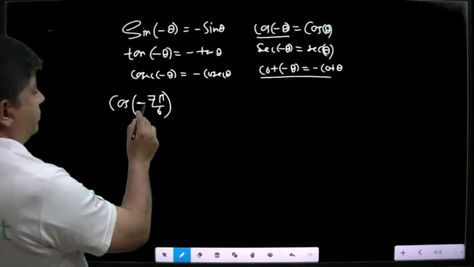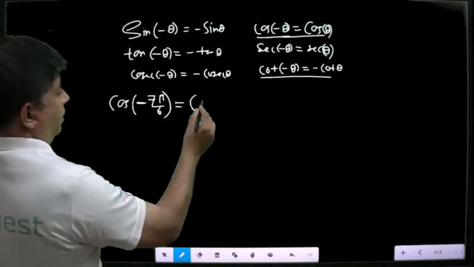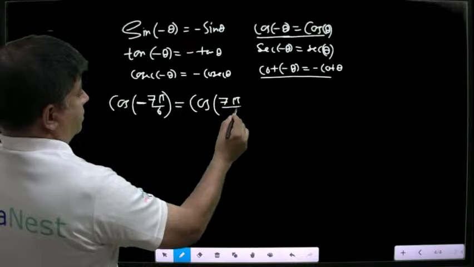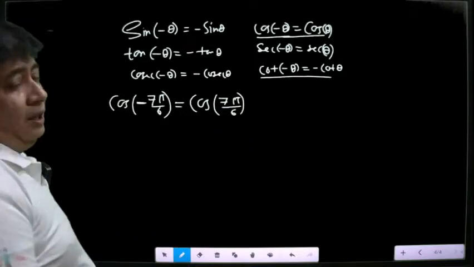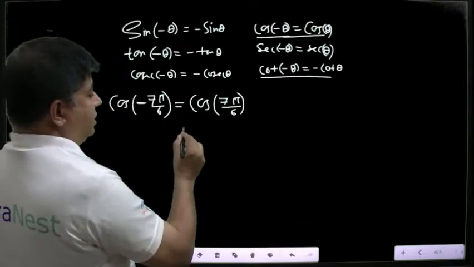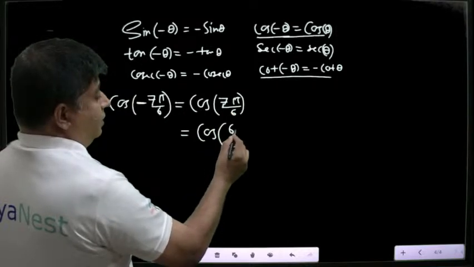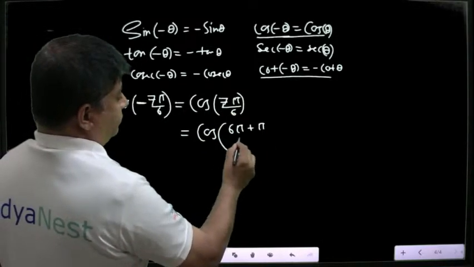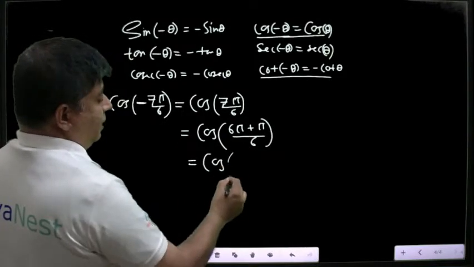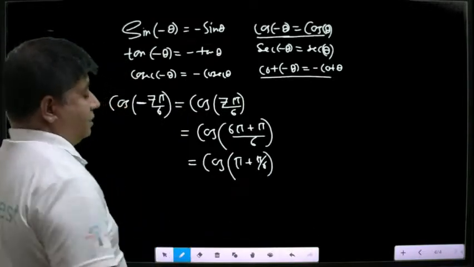That minus will be absorbed according to this rule, so cos 7 pi by 6. If you wish, you can split 7 pi into 6 pi plus pi, so it is pi plus pi by 6.